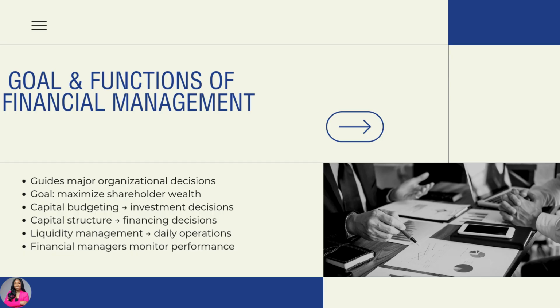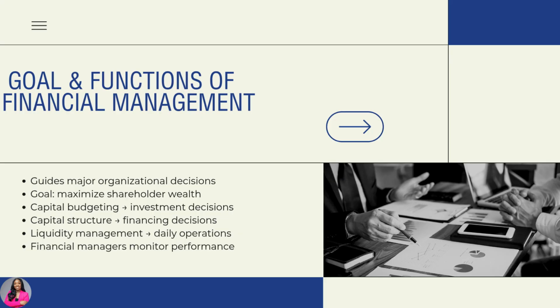Financial management plays a critical role in guiding an organization's overall success. Its primary goal is to maximize shareholder wealth while maintaining financial stability. So, there are three main functions involved. The first is capital budgeting, which determines where the organization should invest its resources. Second is capital structure, which focuses on how those investments are financed, whether through debt or equity.